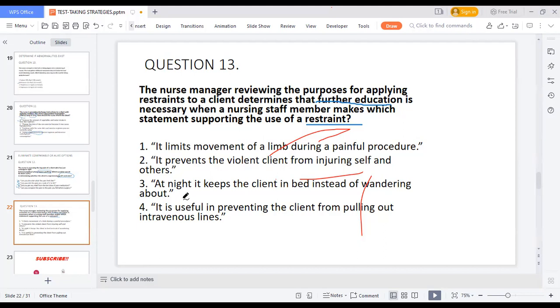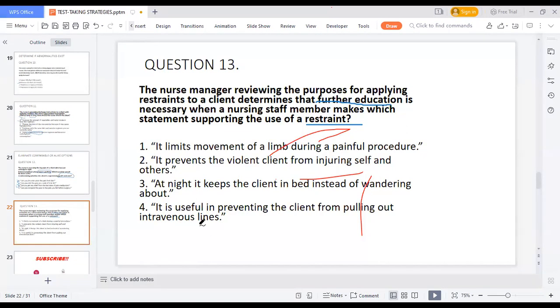Now, which of the options are comparable? Number one says it limits the movement of the limb. That is not a purpose of restraint. But number one and number four, they are saying the same thing.